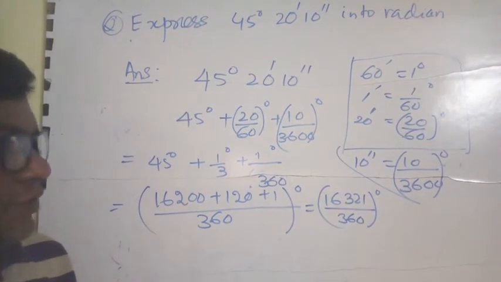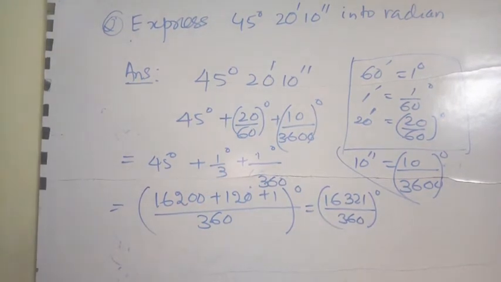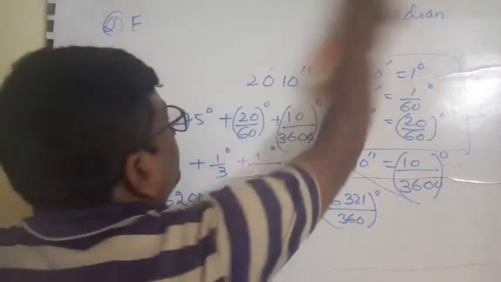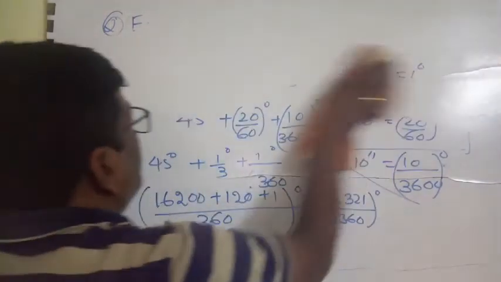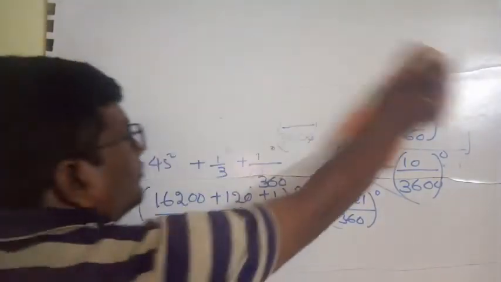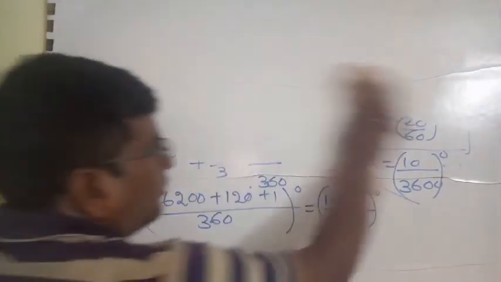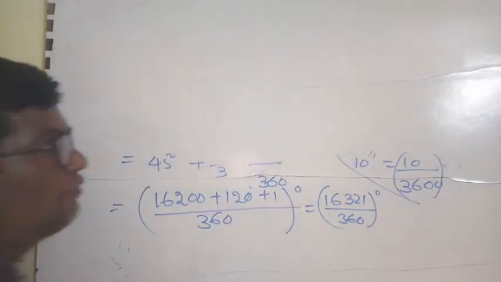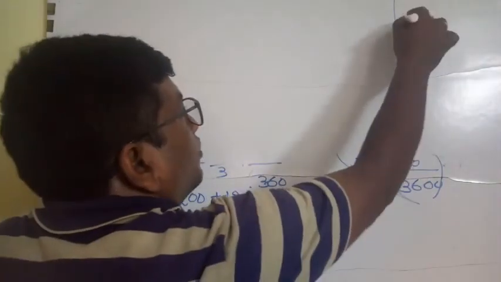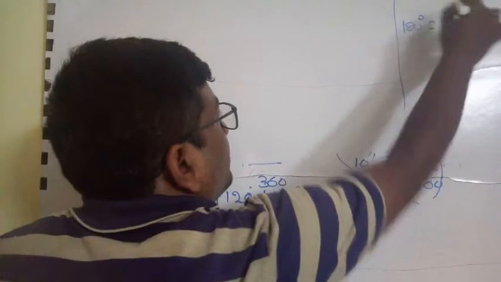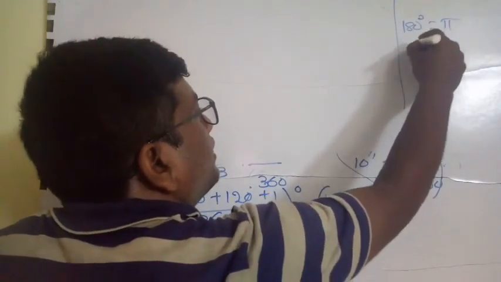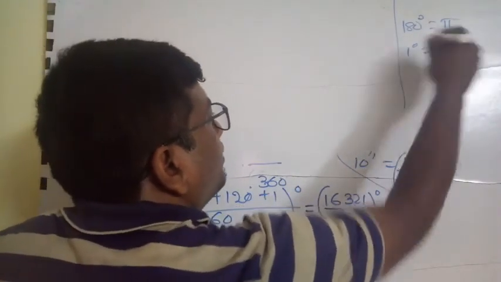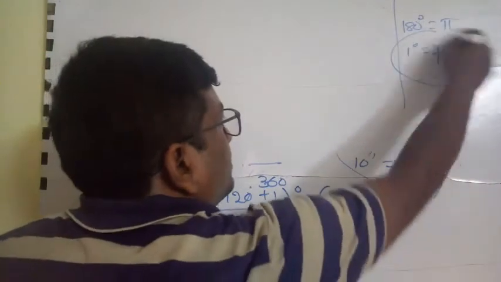Now degree transform to radian. We know 180 degree equal to pi radian, or 1 degree equal to pi by 180. Apply this.